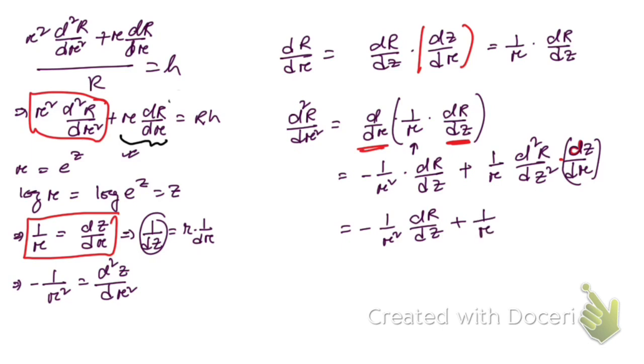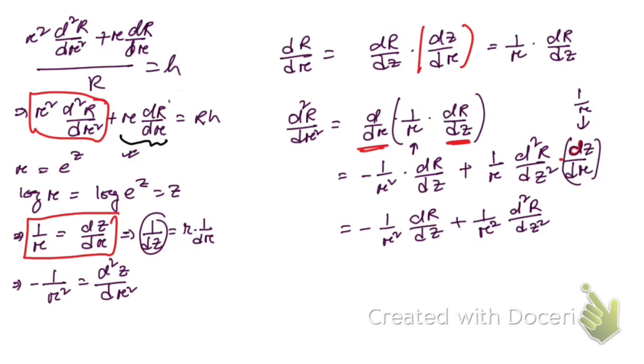So if we put here 1 by r, then we can write this 1 by r square multiplying with this, so we can write 1 by r square, the second order derivative of capital R with respect to z. That's what we're gonna do, right? So now you see what we gonna have here.